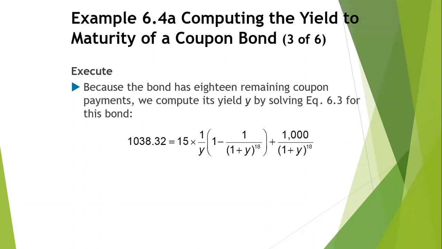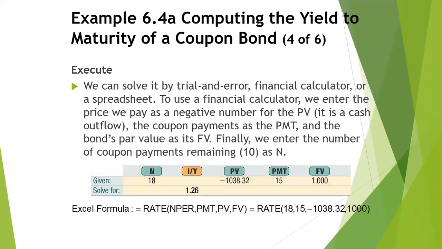So you see $1,038.32 equals 15 times the fraction 1 over Y, times the parentheses 1 minus 1 over (1 plus Y) to the 18th power, plus 1,000 over (1 plus Y) to the 18th power. So we can solve it by trial and error, financial calculator, or a spreadsheet.